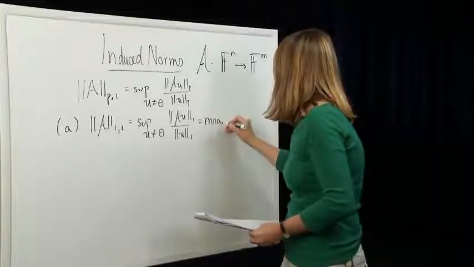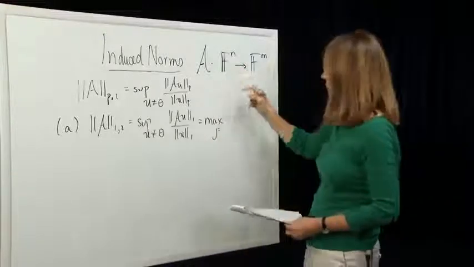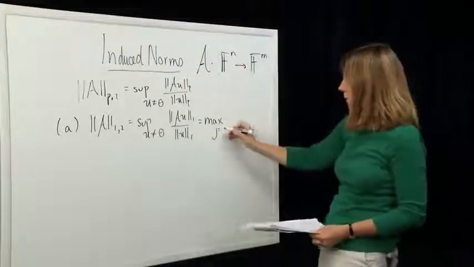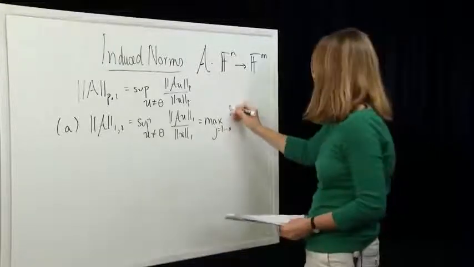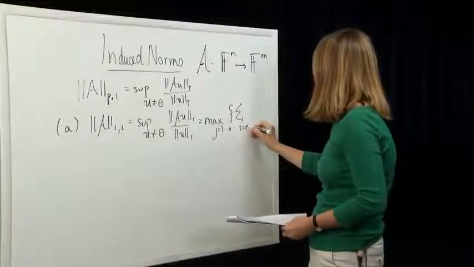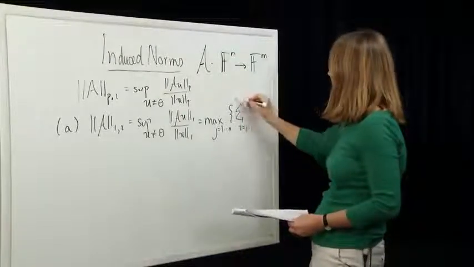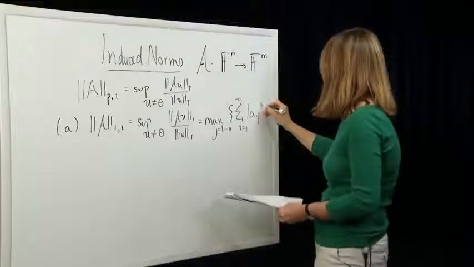It's the max over all j, and let j be our index in R or Fn. So j ranges from 1 up to n of the following set: the summation over the row index, i equals 1 to m, of the absolute value of Aij.